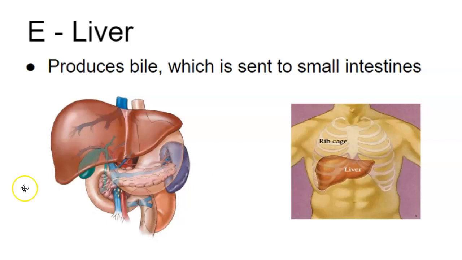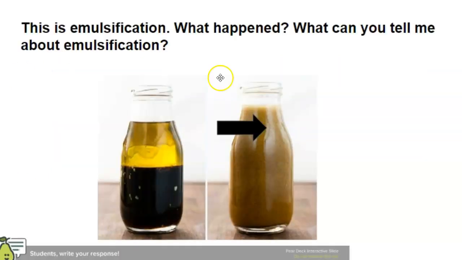So bile, let's take a look. Bile does something that's called emulsification. It's a fancy schmancy word. It happens when we have fats and liquids together. If you've ever opened your refrigerator door and you see some liquid and some fats, maybe in like a salad dressing, and it's separated, usually you shake it up. And what happens when you shake it up?